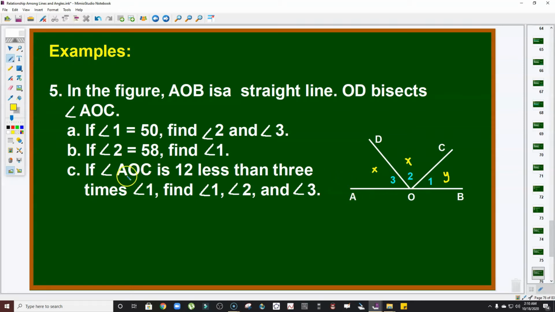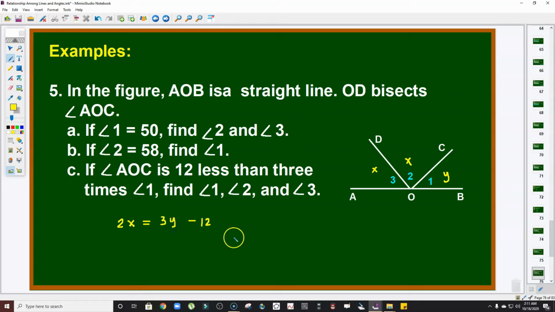So let's have the condition. Yung angle AOC natin is equivalent to 2x. Ang sabi sa problem, 2x or angle AOC is 12 less than 3 times angle 1. Ano ba yung angle 1 ko?